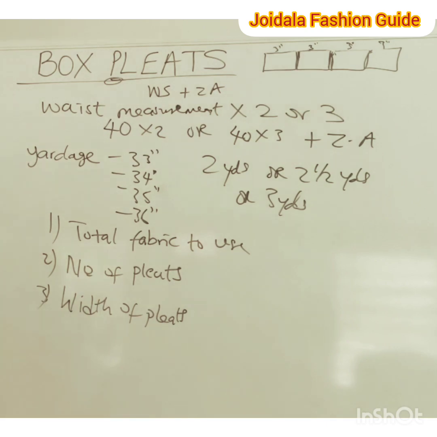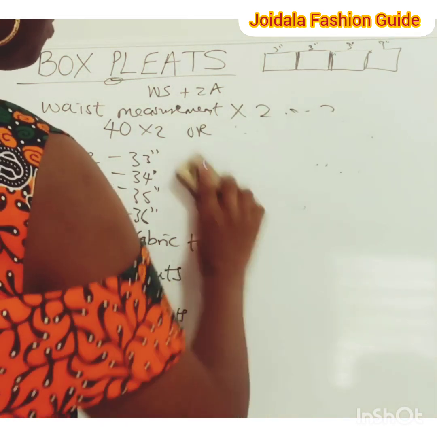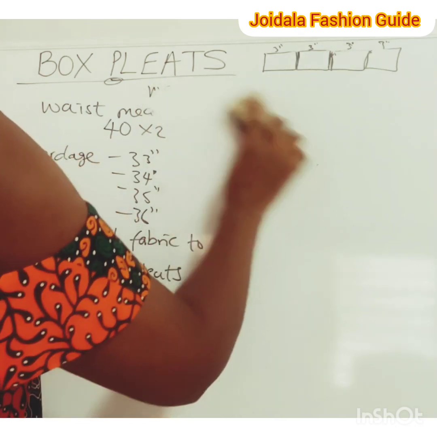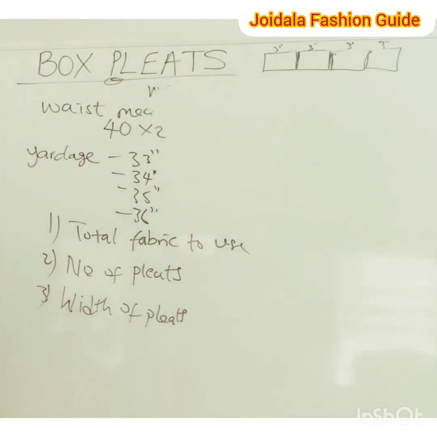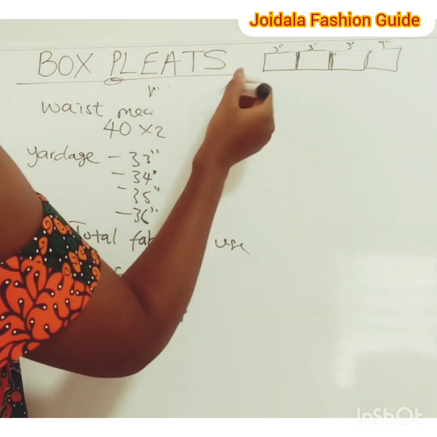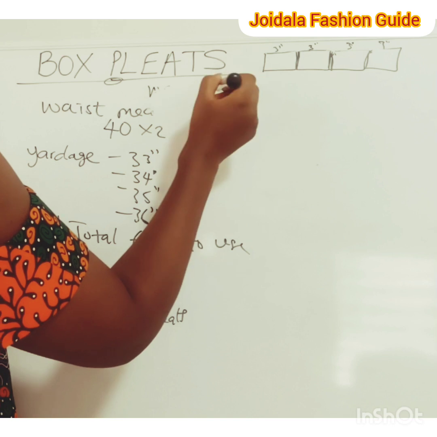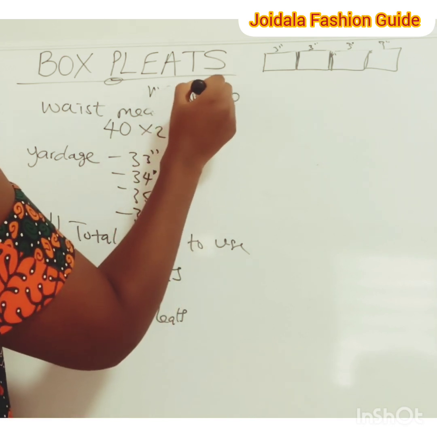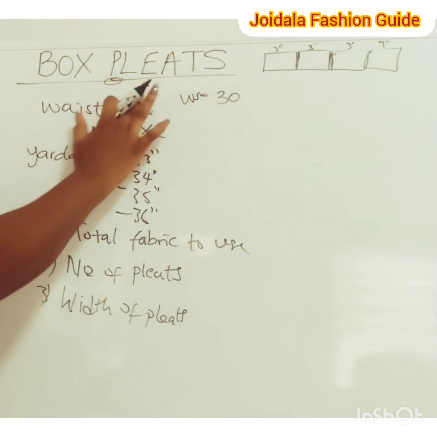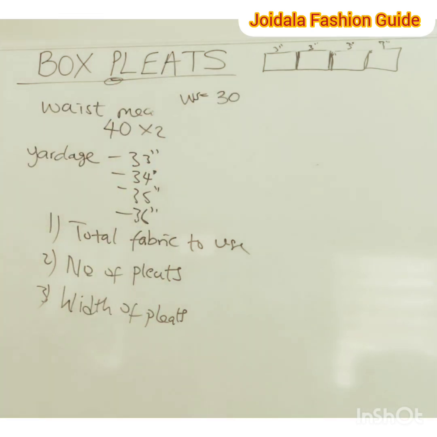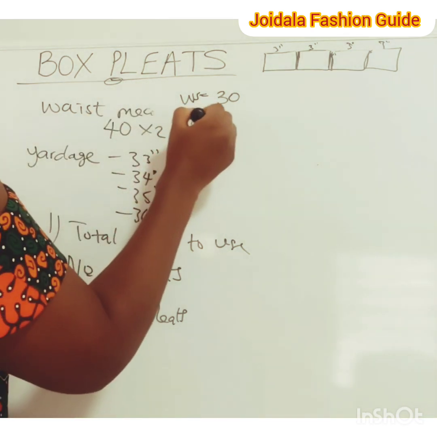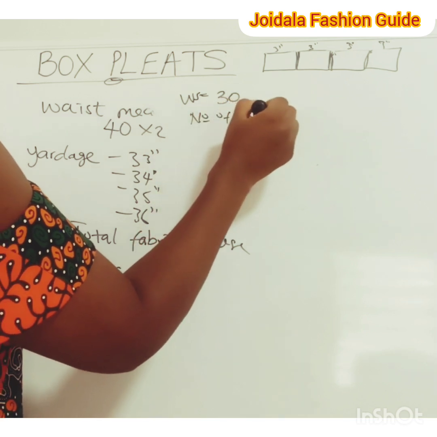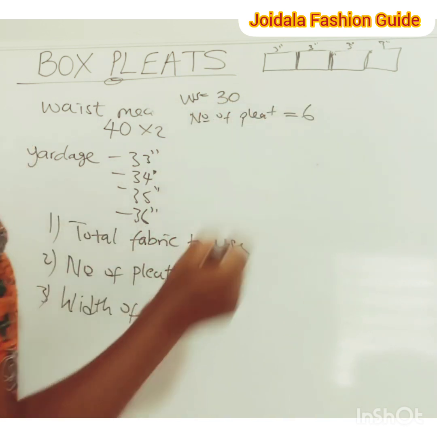So how do you know that? Let's look at an example. If I'm using a width of, let's say 30, if the waist is 30, then I'm going to consider the number of pleats, and I decide to make the pleats 6.